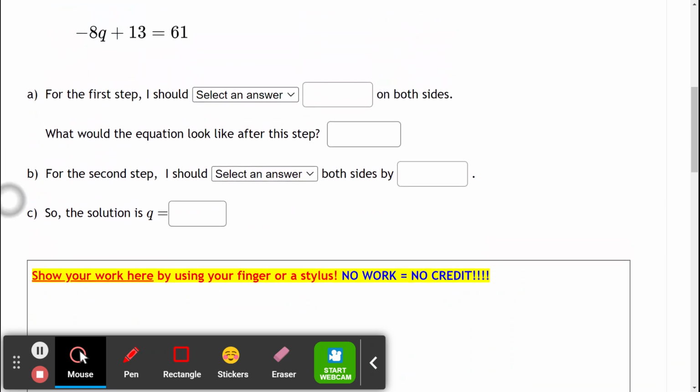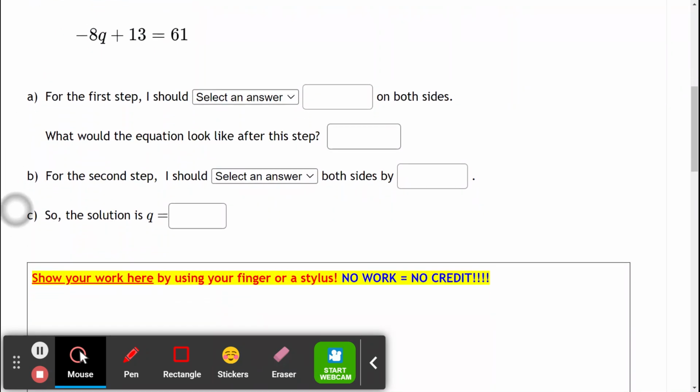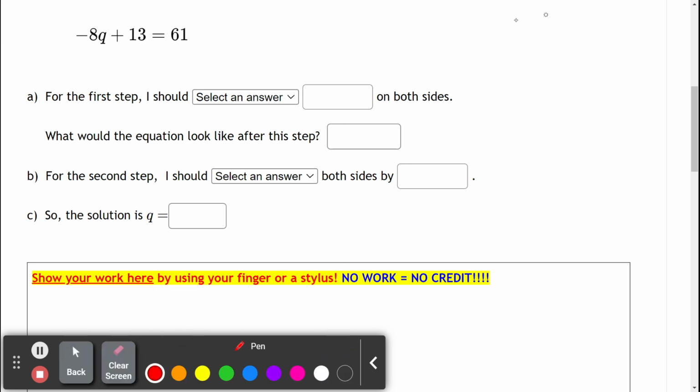Okay, now we have another one here. For my first step, I'm going to show negative 8q plus 13 equals 61.